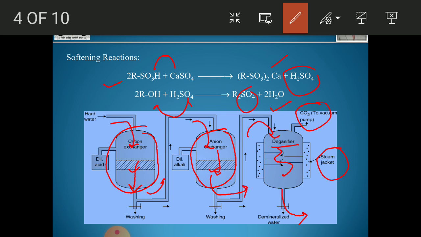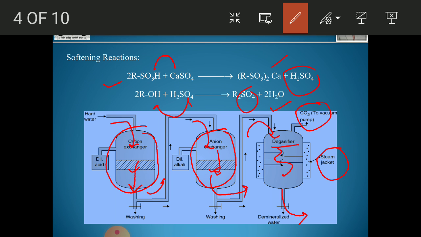And after some time, if we pass hard water, then further exchange will not take place. That's why those resins are said to be exhausted, which cannot be used further for softening purposes, because all the cation exchange resins are converted into (RSO3)2Ca, and anion exchange resins are converted into R2SO4.